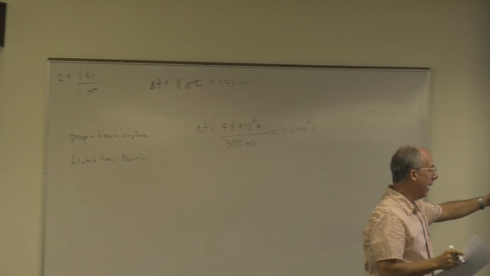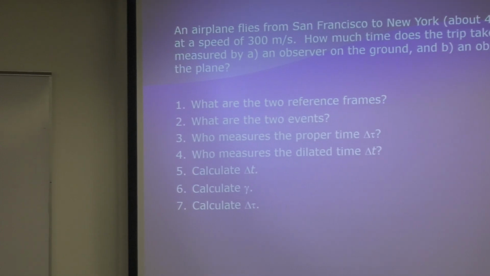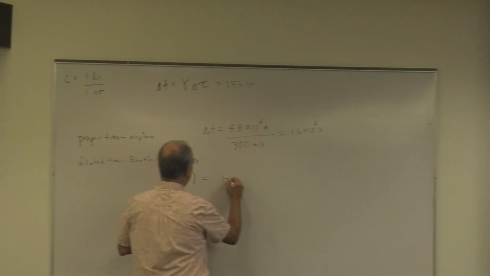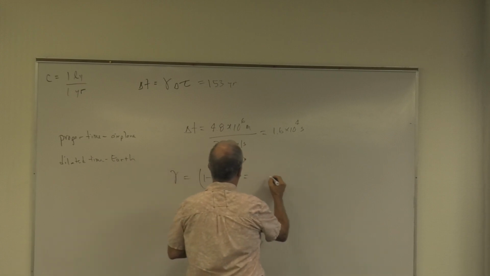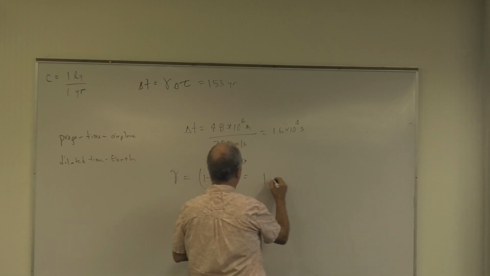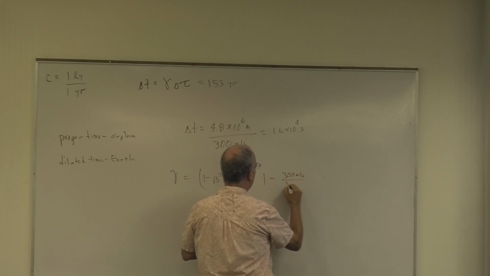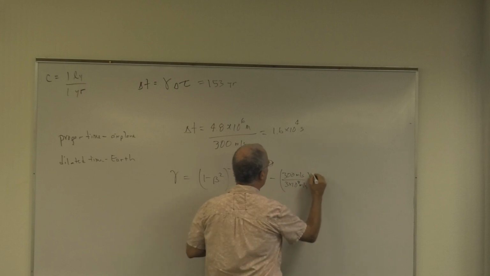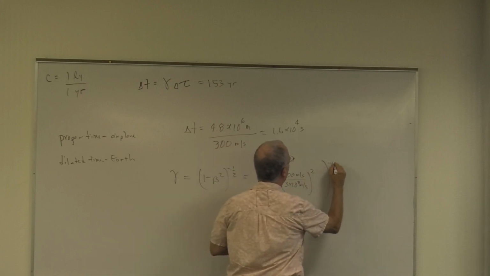Now, as always, we have to calculate gamma. So gamma is 1 minus beta squared to the negative 1/2 power. So it's going to be 1 minus 300 meters per second over 3 times 10 to the 8th meters per second, squared, to the negative 1/2 power.